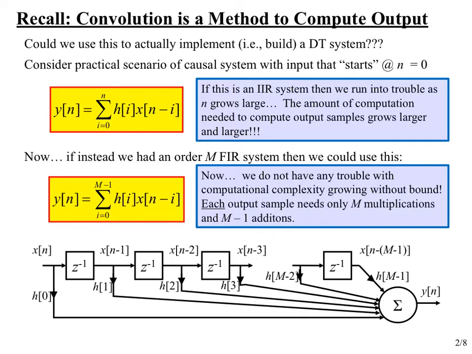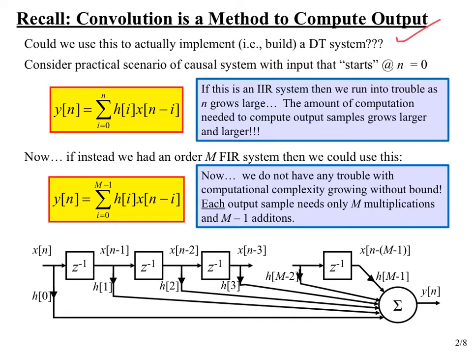So that leads us to the question, could we use this idea of convolution to actually implement, and by implement we mean really build, a discrete time system? Let's give that a little bit of thought here. Suppose we have a practical scenario with a causal system.